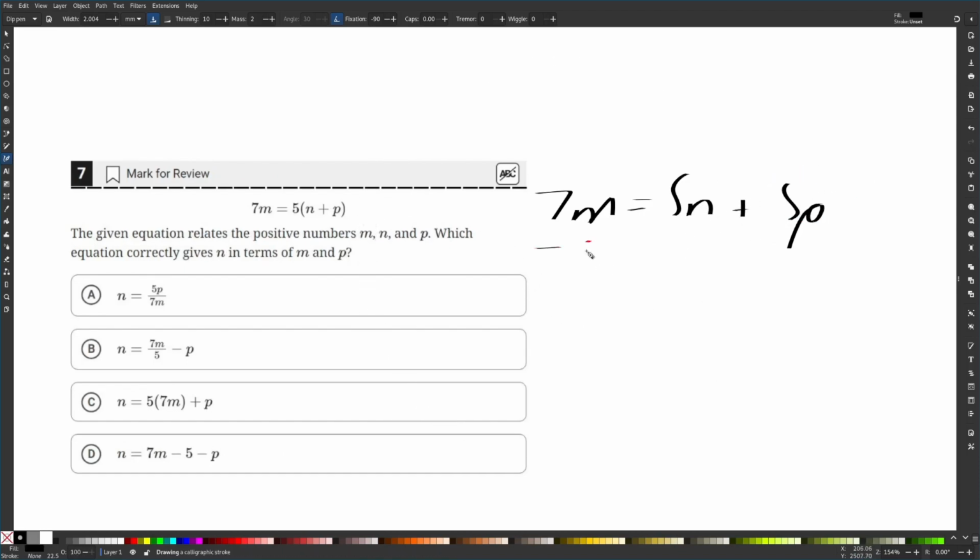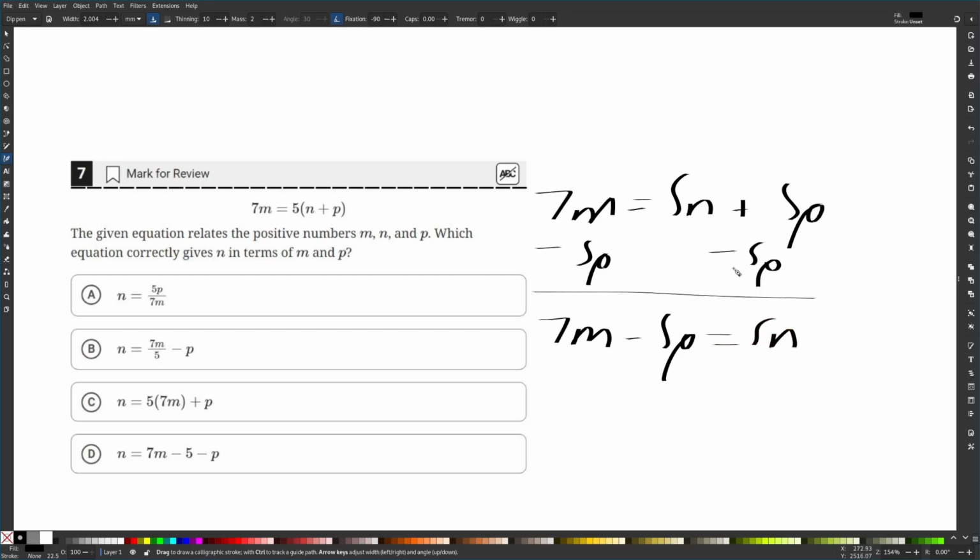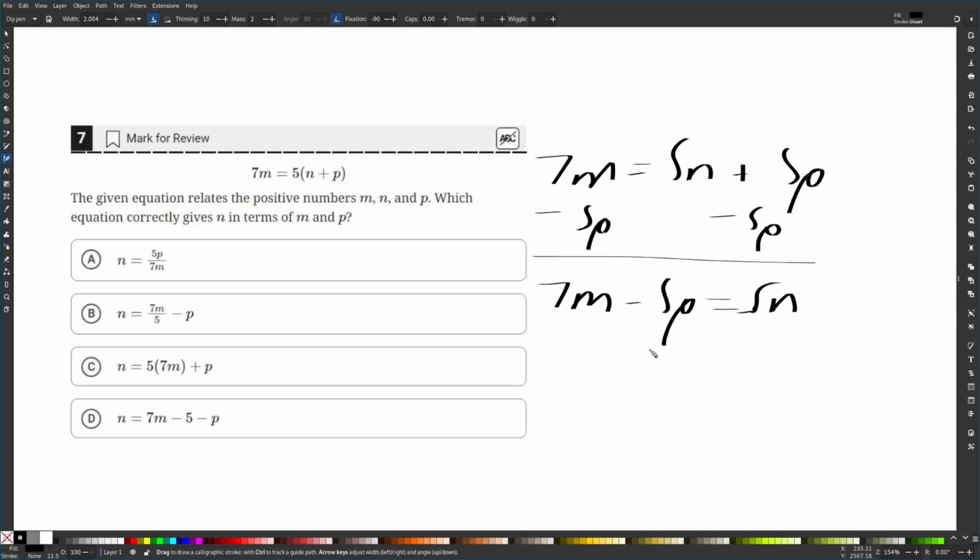Subtract 5p from both sides. 7m minus 5p is equal to 5n. Now finally, to get n by itself, we need to get rid of this 5, which we can do by dividing both sides by 5. So 7m minus 5p, everything here divided by 5 is equal to n.